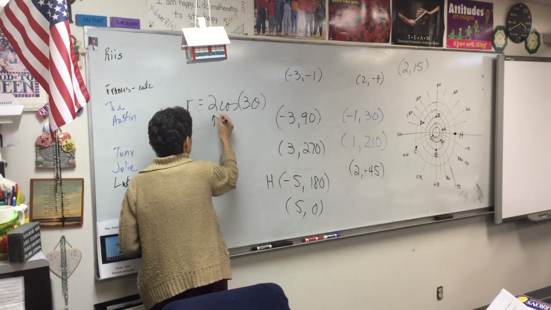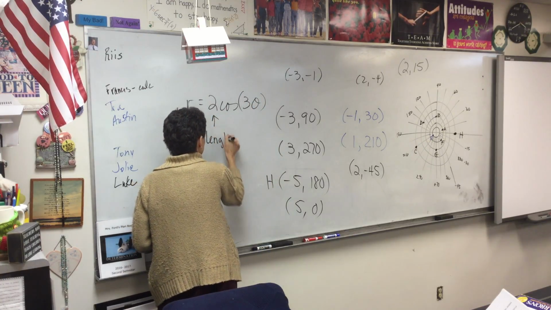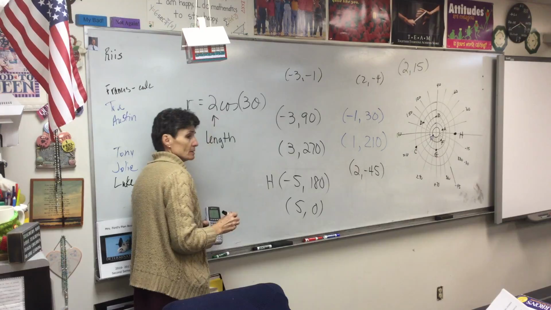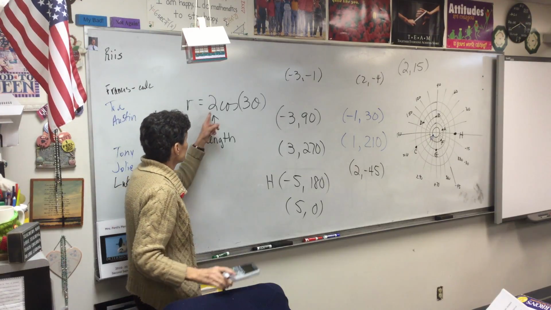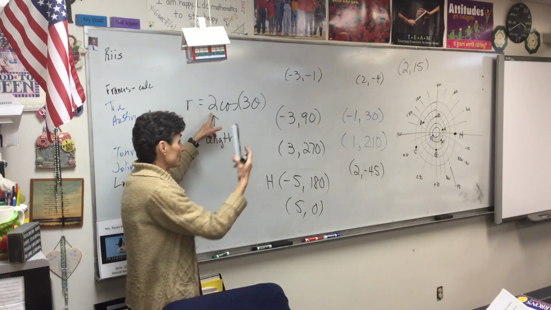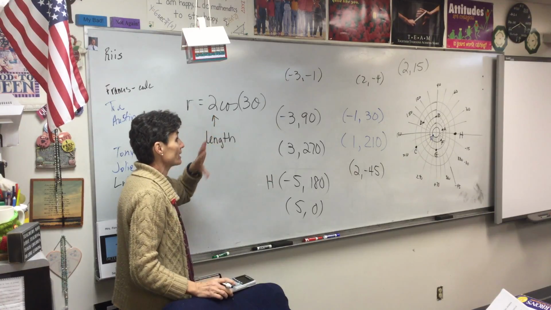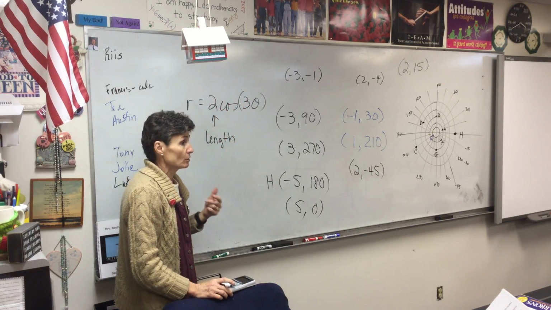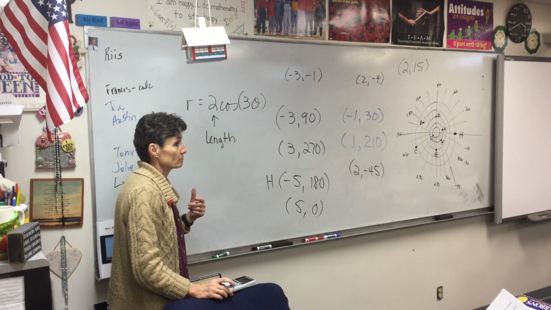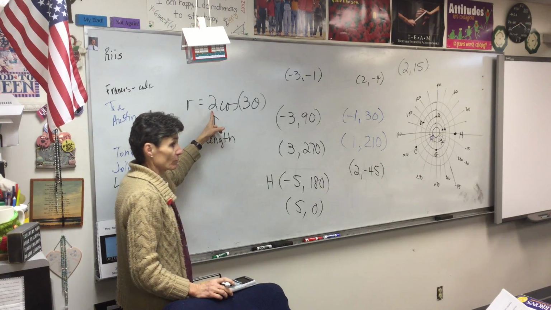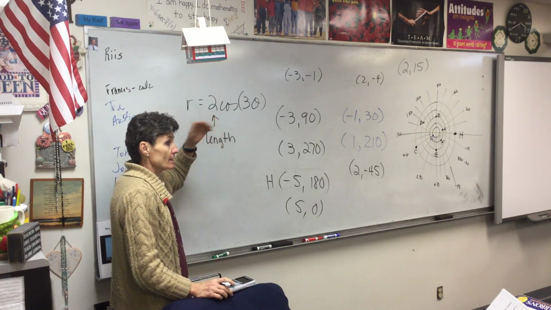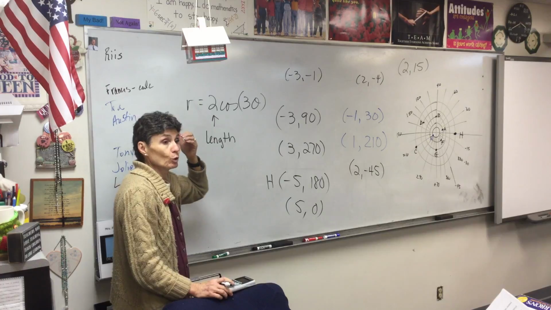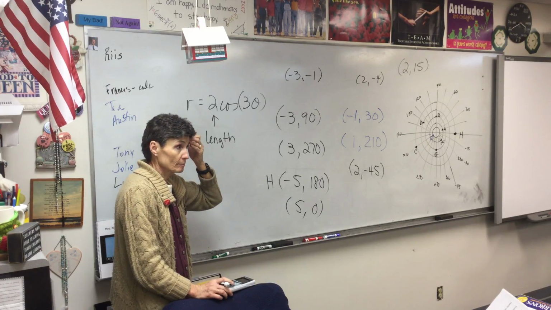This number right here tells me the length of the leaves. So if I made that number a 3, I would get this exact same picture, except the leaves would be longer. So whatever number is out here in front is going to tell me how long they are.